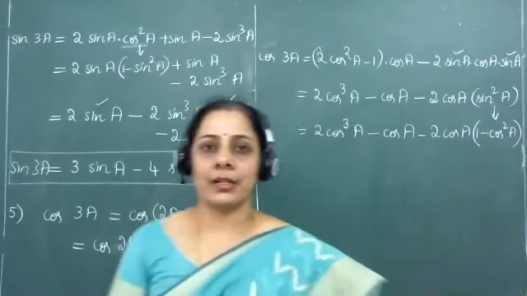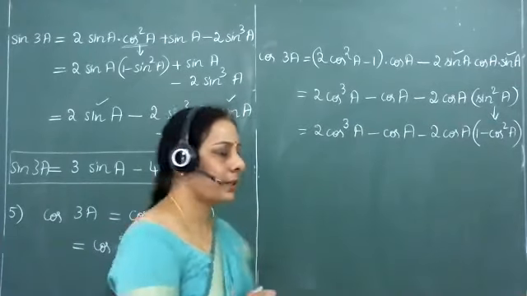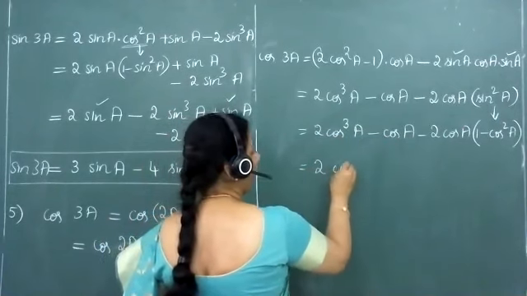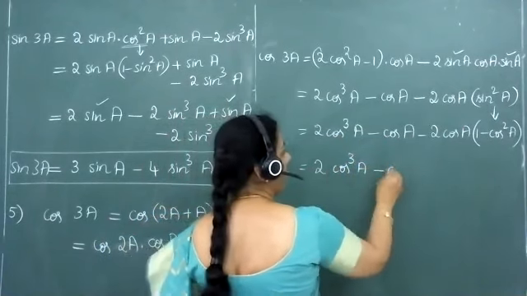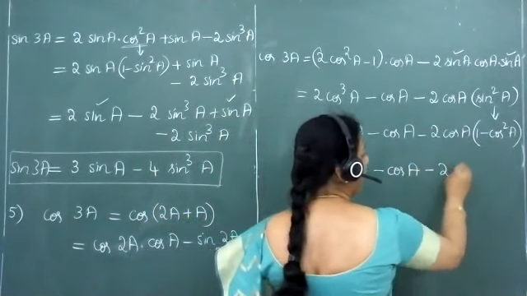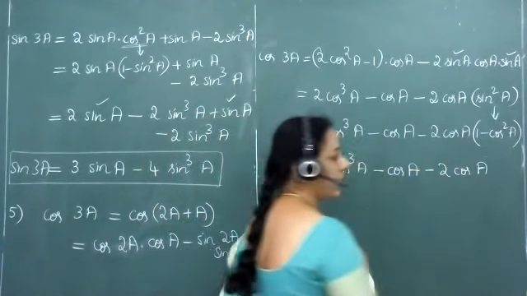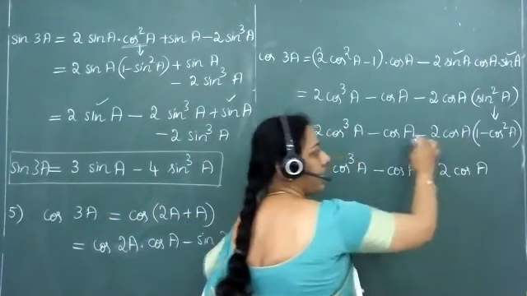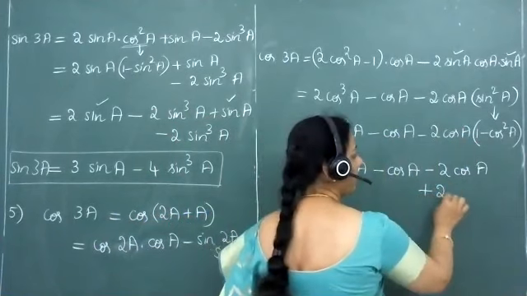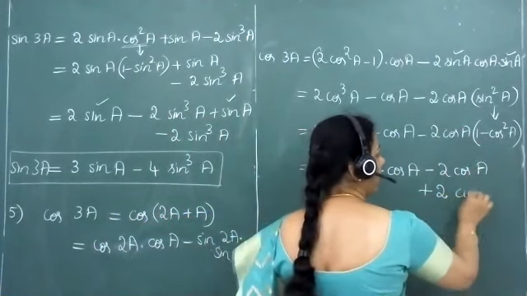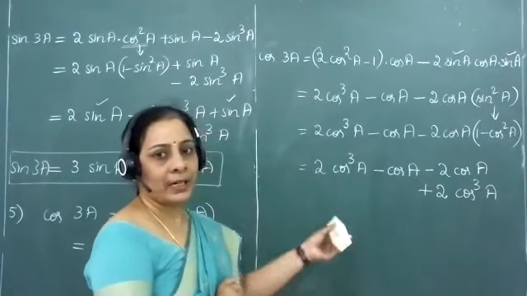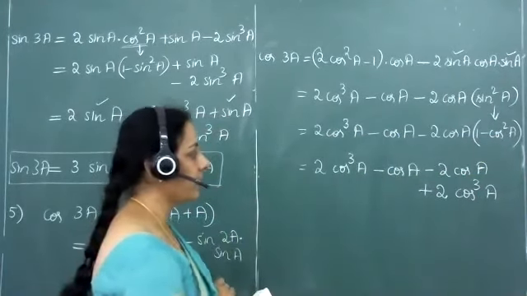Sin squared A should get replaced as 1 minus cos squared A. Now simplify this. 2 times cos cube A minus cos A, minus 2 cos A into 1 changes to minus 2 cos A, minus into minus, you get a plus sign over there. 2 times cos A into cos squared A will get us cos cube A. Again we find certain similar terms here.